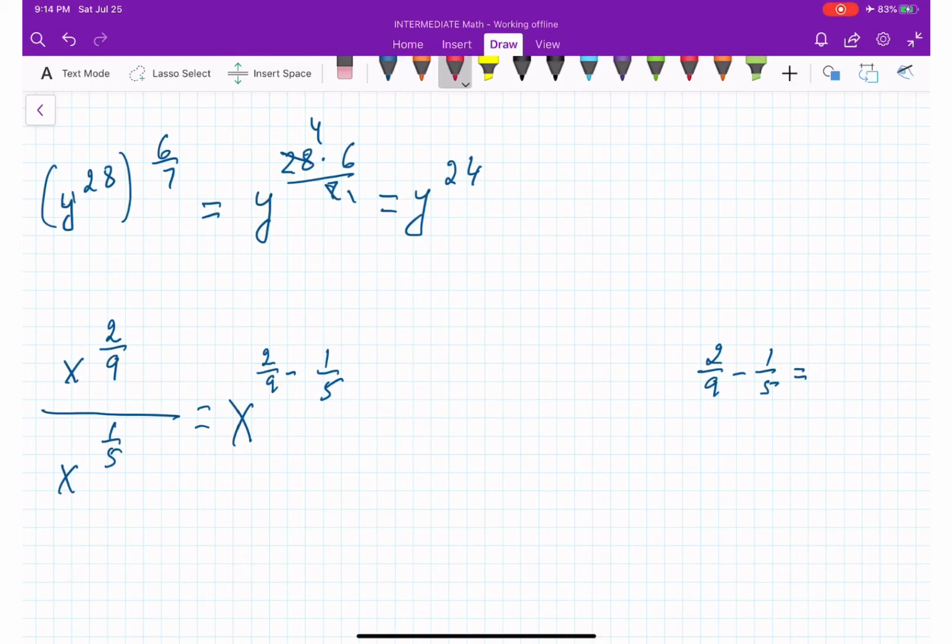So 9 is multiplied by 5 here. Accordingly, multiply the numerator also, because whatever change you make to the denominator, you have to make the same change to the numerator. Both denominators are 45, and on the top we get 10 minus 9. We get 1/45.